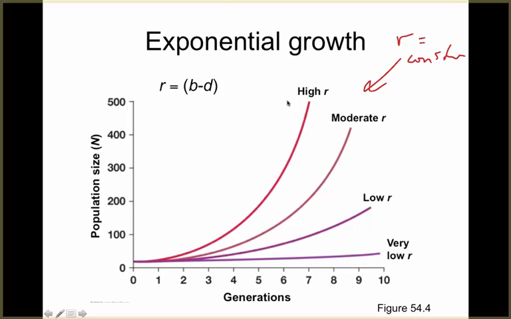R is not changing along this curve. Compared to this curve has a different magnitude of R, but at least within this curve, R is not changing. So the relationship between the birth rate and the death rate is not changing over time.